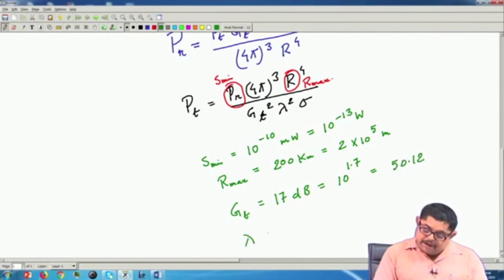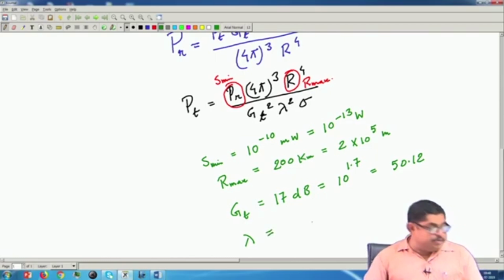Now, frequency is given 1.3, so you can find out lambda, because lambda will be 0.3 by frequency in gigahertz. This is the way.